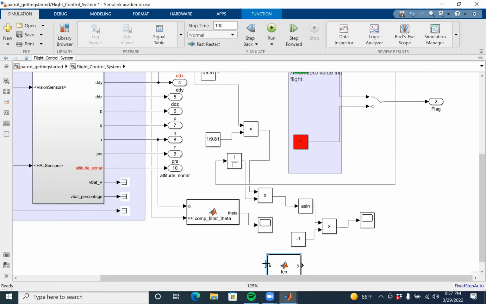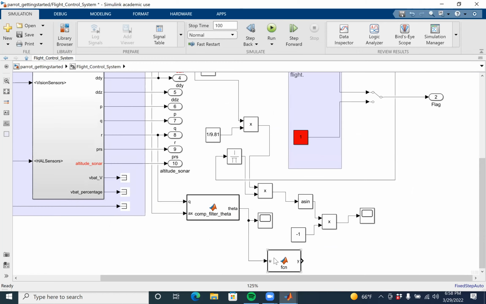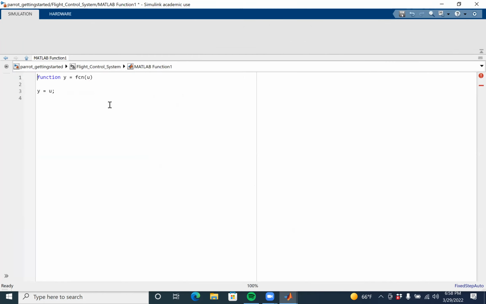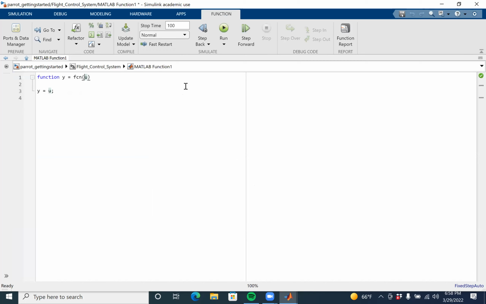It should have the value of theta. Then it should have the value of ddy. I'm going to say here function calc theta, ay and p.